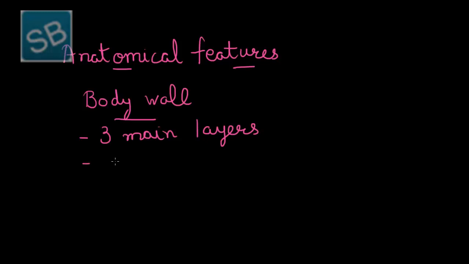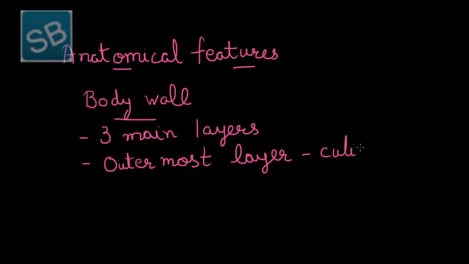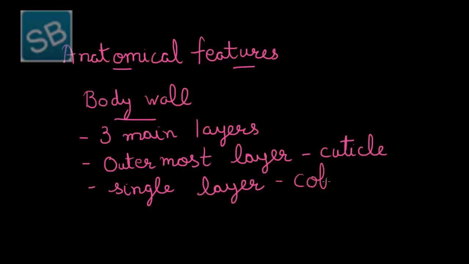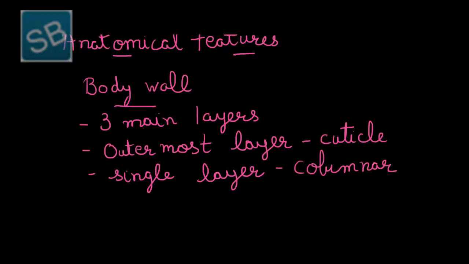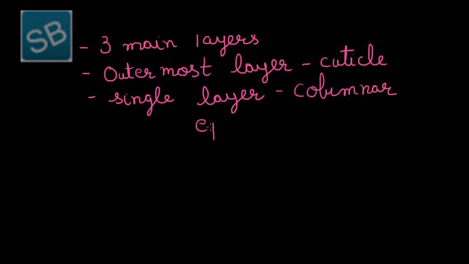The outermost layer is cuticle, which is followed by a single layer of columnar cells, that is epithelial cells. Following it, an inner basement membrane occurs.